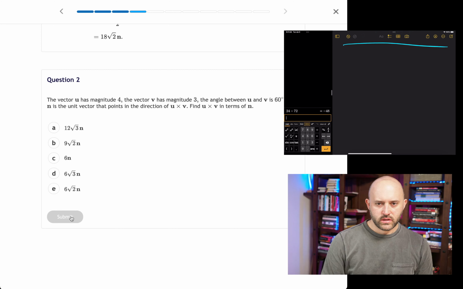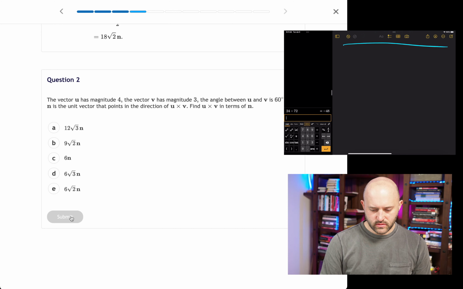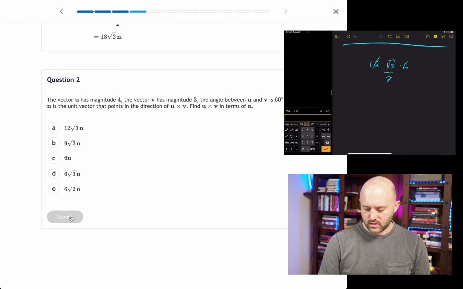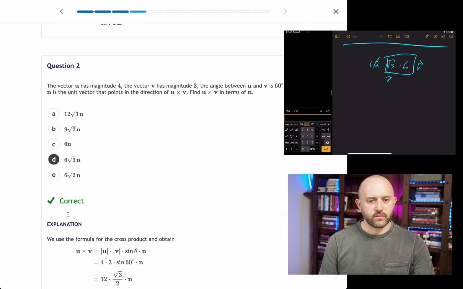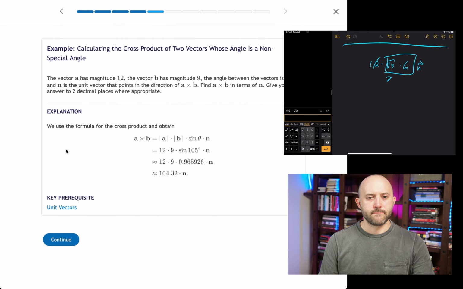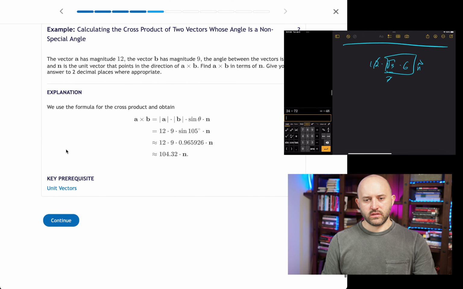The vectors have magnitudes 4 and 3, with angle 60, so that means the sine is root 3 on 2. So 12 times the square root of 3 on 2, which is 6 root 3, n of course. For a non-special angle, you have to do a miserable calculation with a calculator.